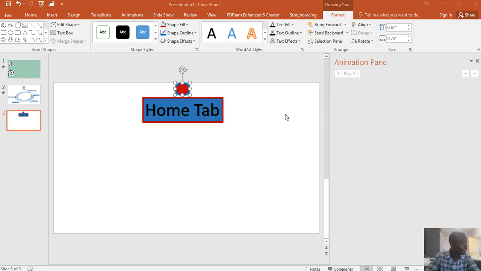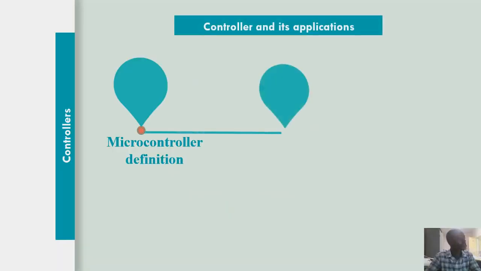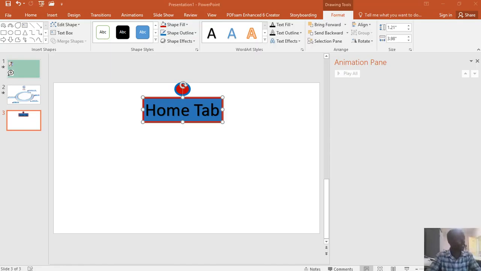Right. So what you do here is, we now want to have something like this, which runs like this. So what we do is we choose a certain shape.